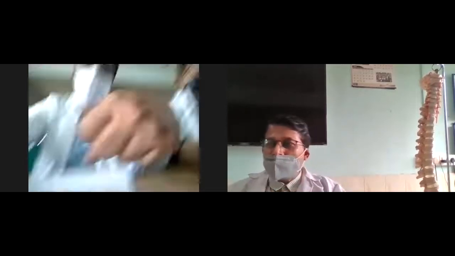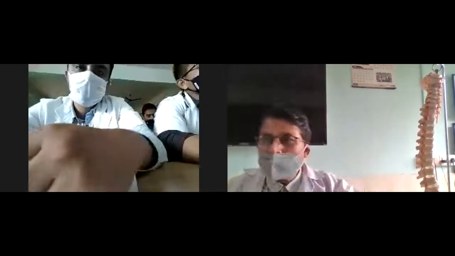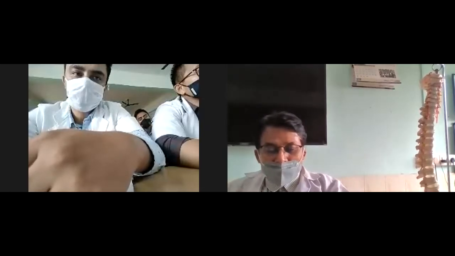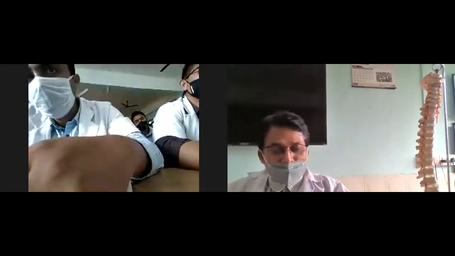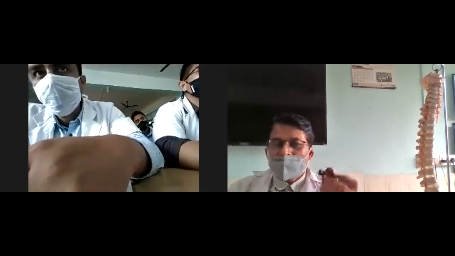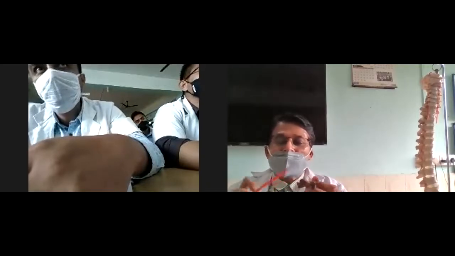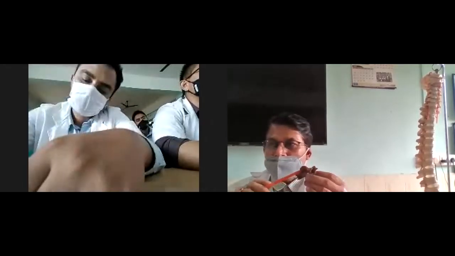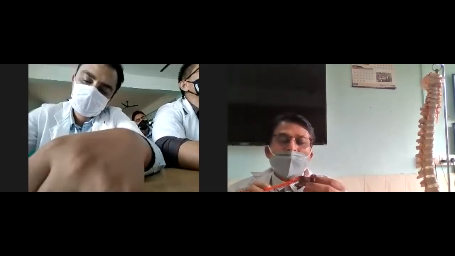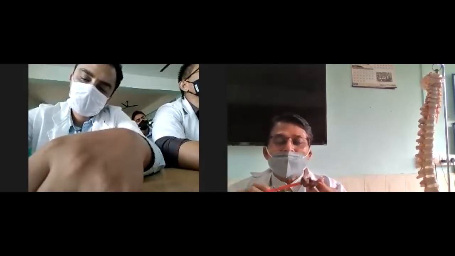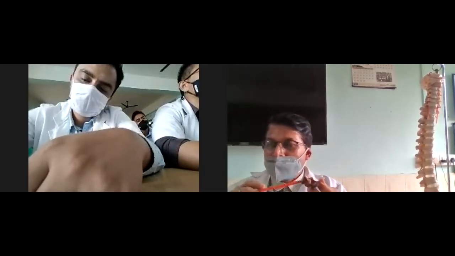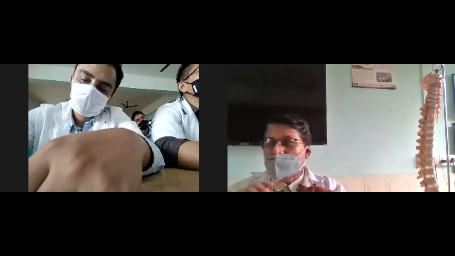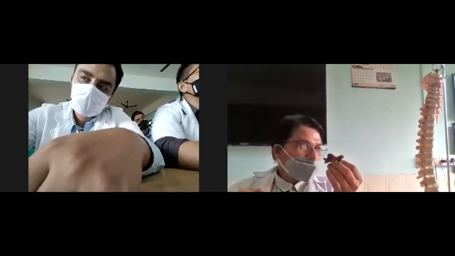And in the process of development also, there is development of the vertebra. We all know that vertebrae are developed by certain primary centers and certain secondary centers. The primary centers are mostly three in the broad development of the body. One is in the upper end plate, one is in the lower end plate, one is in the center, to develop the anterior part, most of the body part.